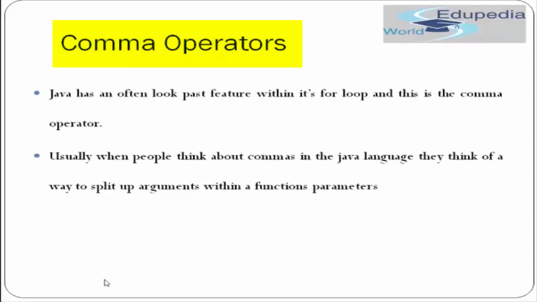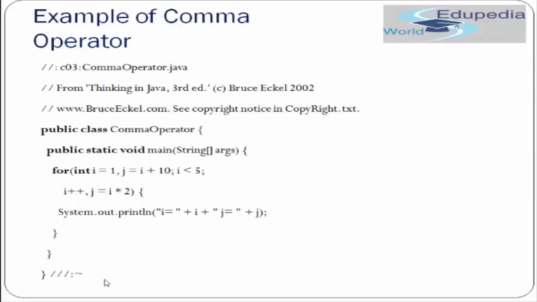Okay, now let's study the comma operator. Java has often overlooked features within its for loop, and this is the comma operator. This is an example taken from the book Thinking in Java.